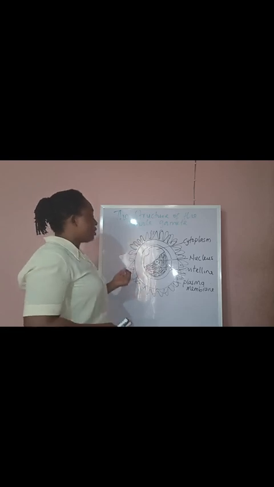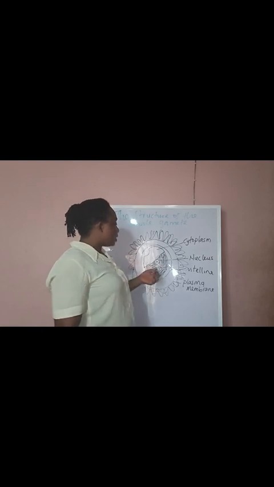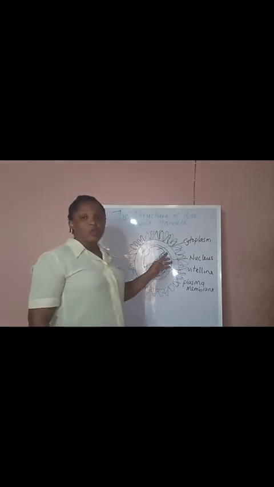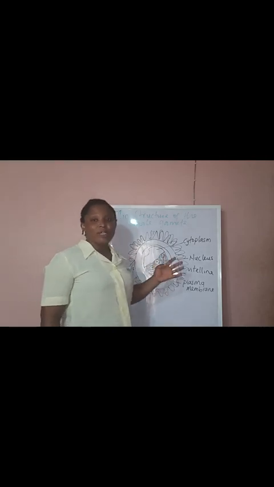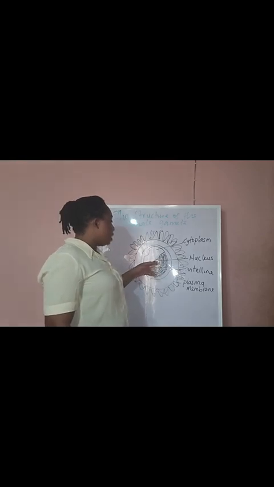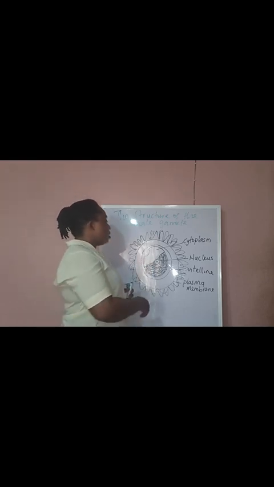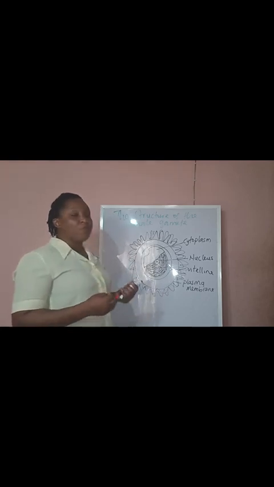For the female gamete, we have the oocyte. This oocyte has a nucleus, which contains the genetic material of the egg, and it also has the germinal vesicle. We also have the cytoplasm, which provides nourishment.